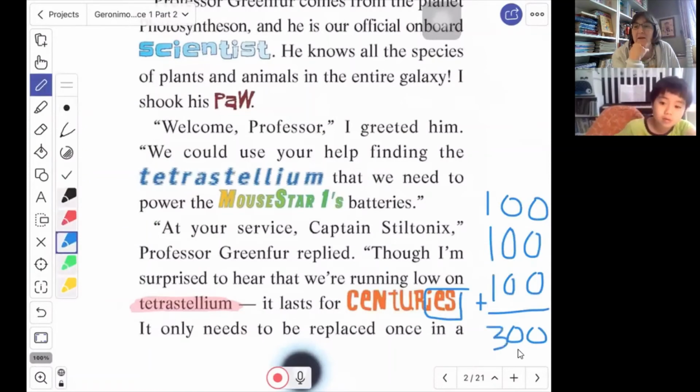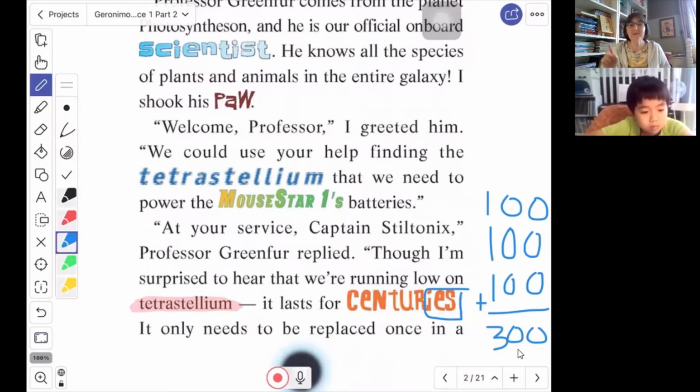So do you think that Geronimo and Grandfather and the different characters have been alive for 300 years? No. So do you think it really makes sense that their Tetrastellium is running out? Because this is what Greenfur is saying. He's saying, this is kind of confusing because Tetrastellium will last for centuries, more than 1 century, 200 years, 300 years, 800 years.